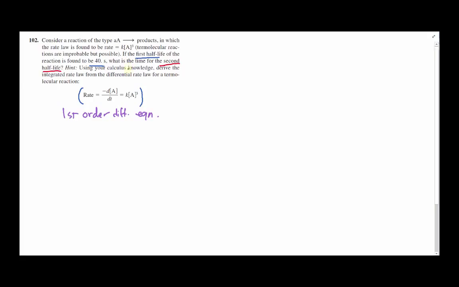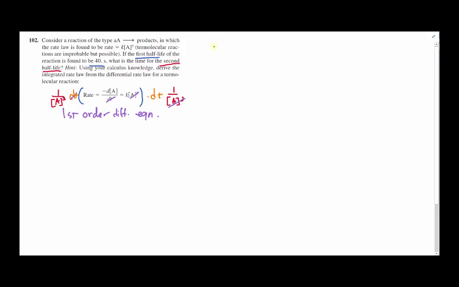To do that, I have to multiply dt on both sides. And then I can divide both sides by concentration cubed. Then you notice that dt's cancel out, leaving you only the concentration on the left side and dt and the constant on the right side.